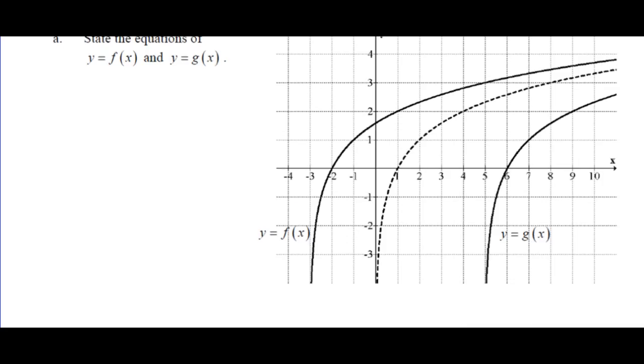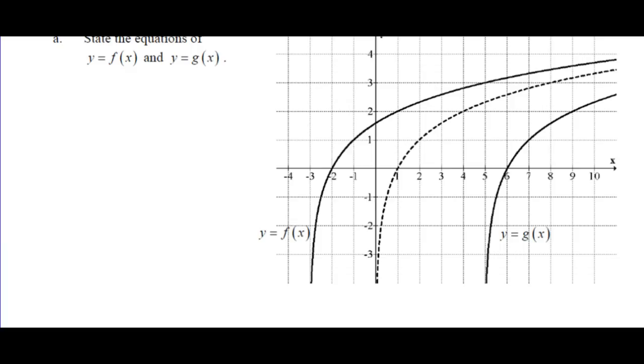Okay, so what's going on here? So it looks like, what do we do to get to it? Horizontal translation, 3 units to the left, right? So to go from the dashed line to f of x, it's a translation 3 units to the left.